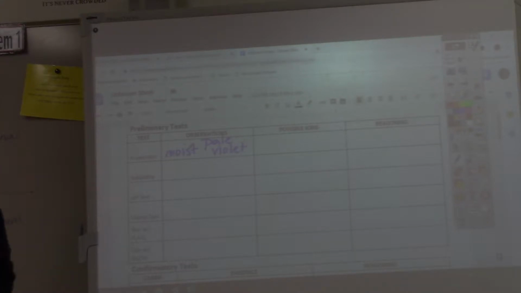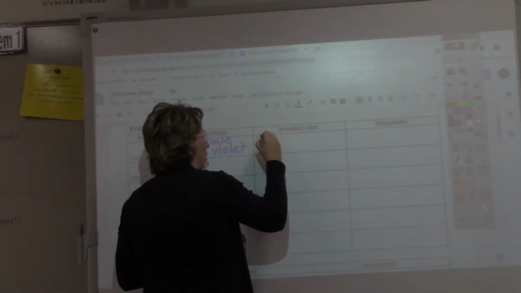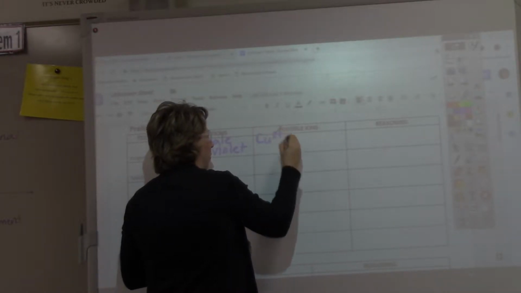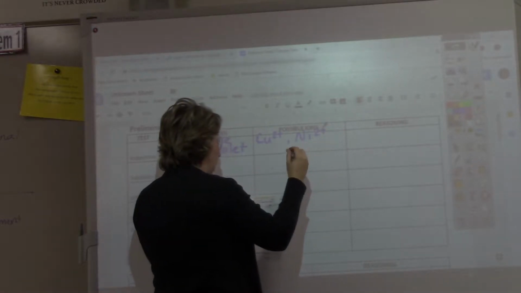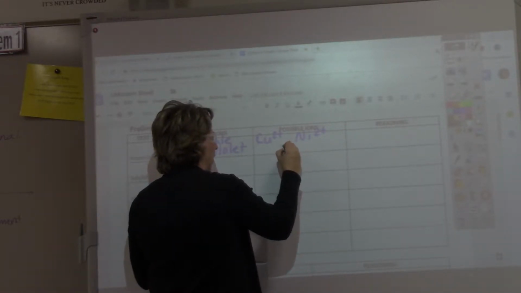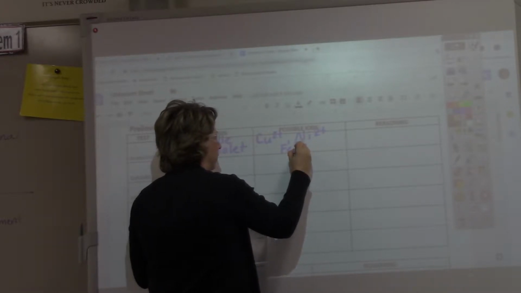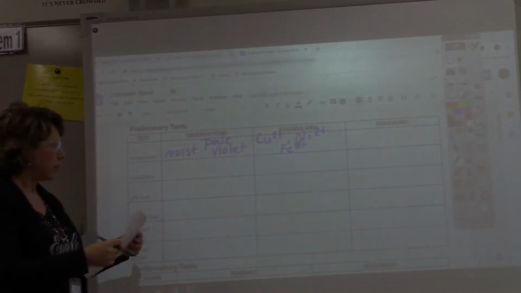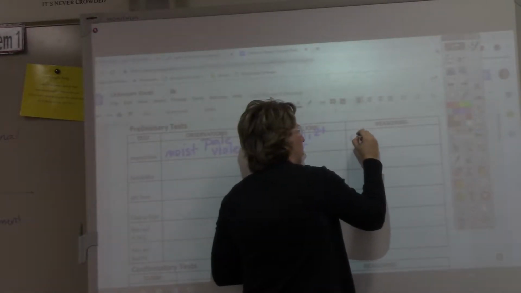And so I'm going to write over here, my possible ions could be copper, could be nickel, and it could possibly be iron. The reasoning it could be any of those three compounds is because they are colored.